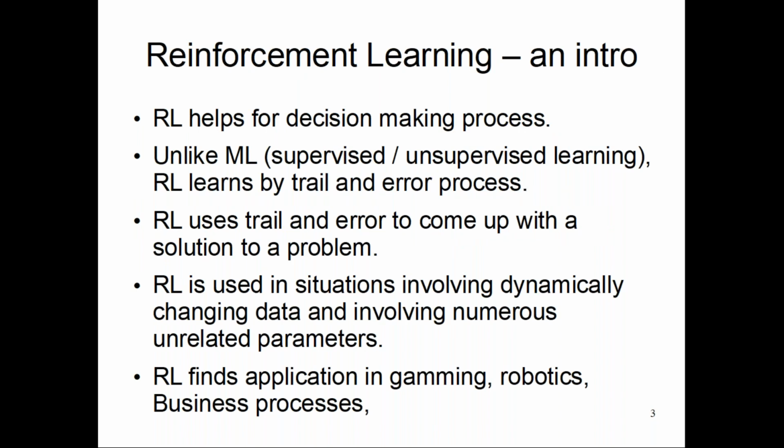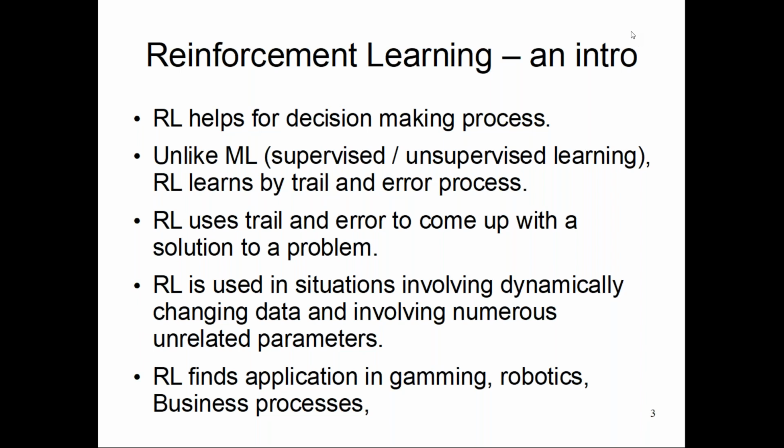So, starting with reinforcement learning. It is basically a decision support tool. It helps for decision making. And if we compare it with machine learning, you have got supervised and unsupervised learning.